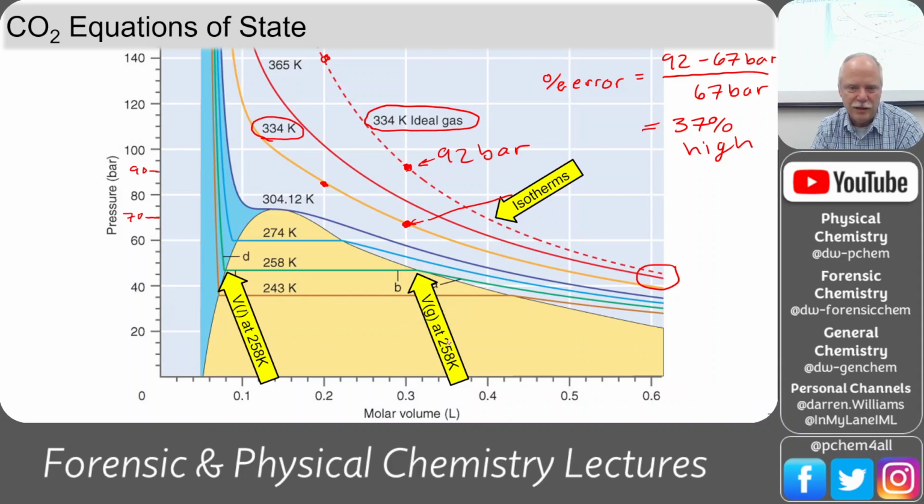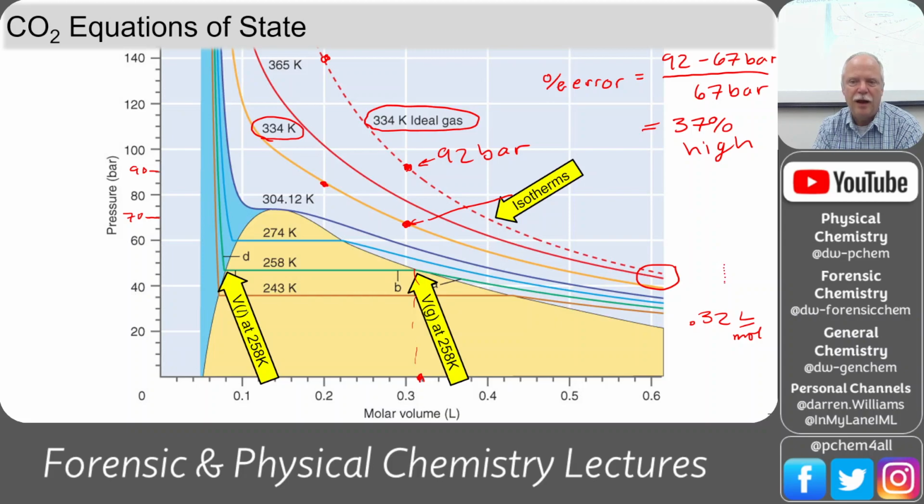So if I wanted to know the density of the gas phase at this area, I could come down here, and that is, what do you say? This is 0.3, 0.4, 0.32, 0.32 liters per mole.